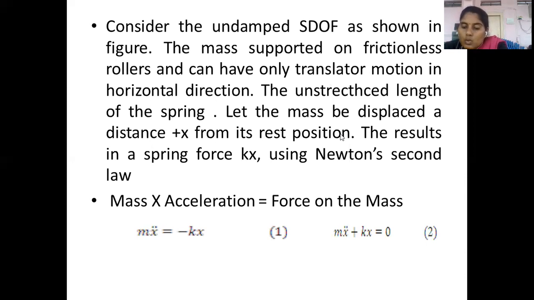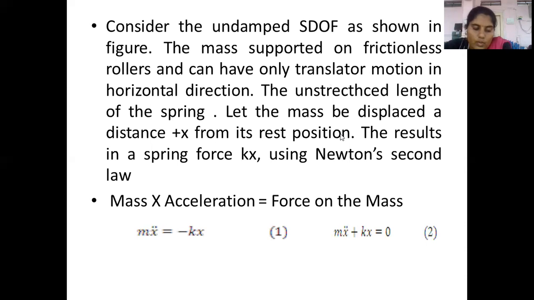Okay, so from figure number 1, by assuming the free body diagram of it, mx double dot is equal to minus k into x.